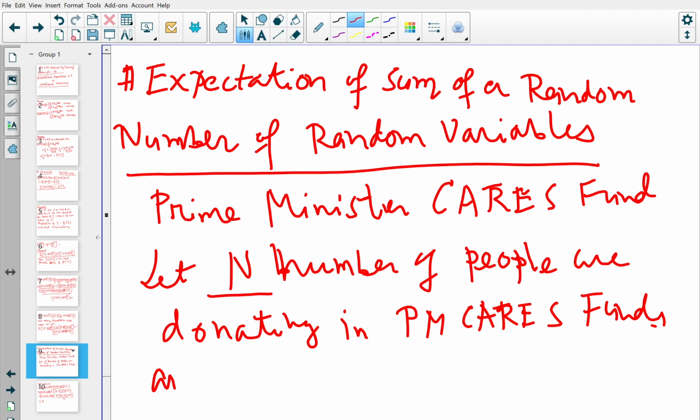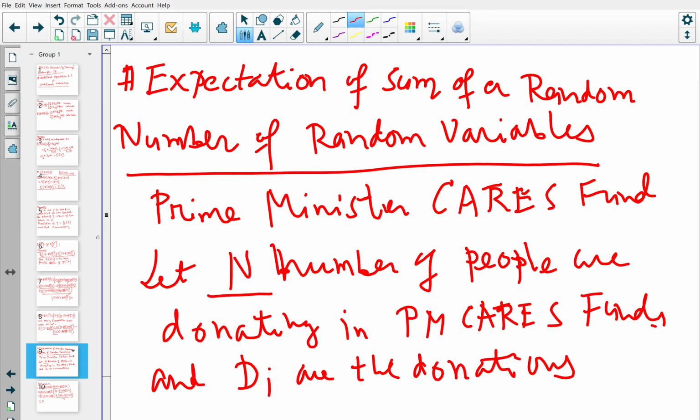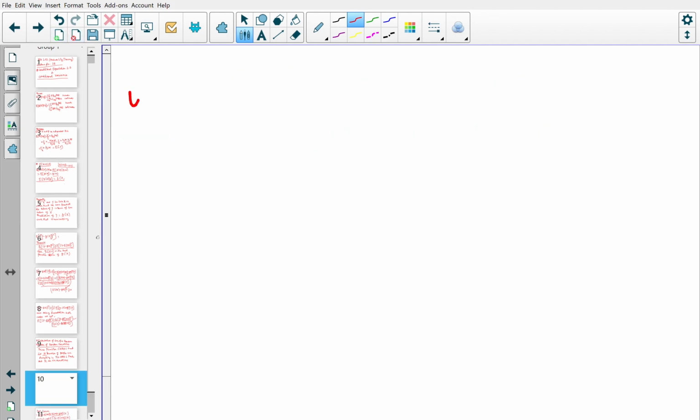Suppose the donations are D_i, which have some common expected values.